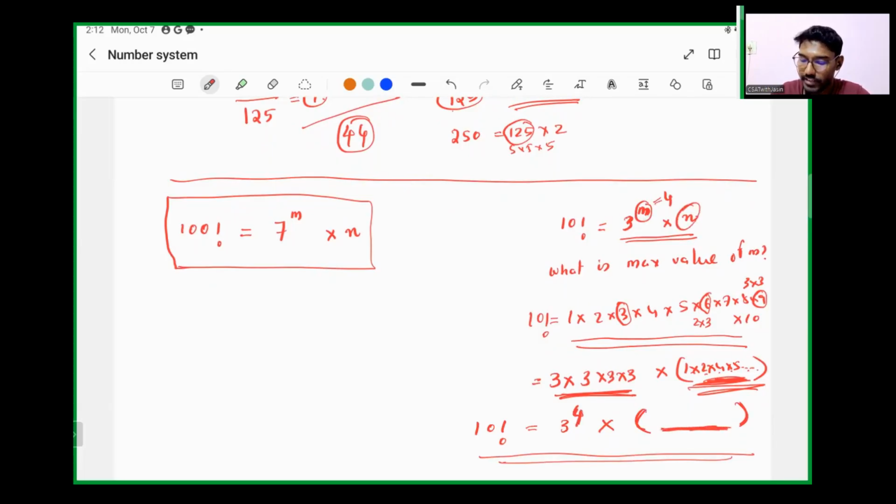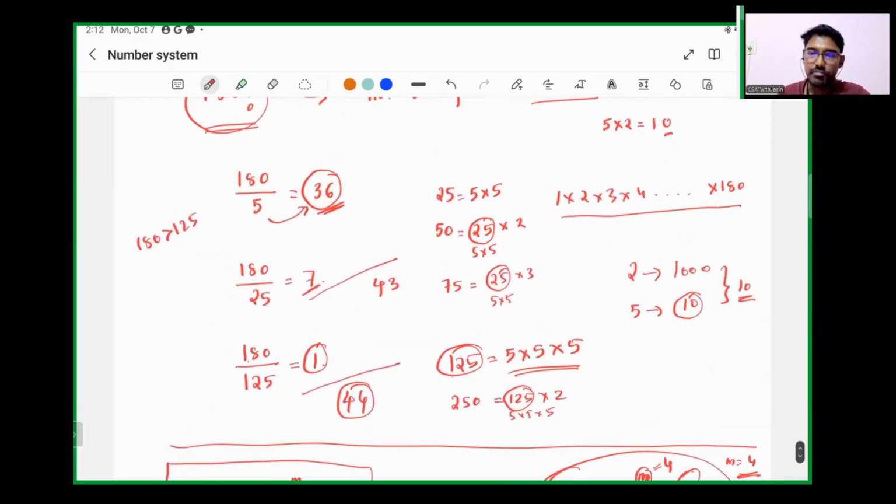We are asked to find out m, so in this question, m is equal to 4. So what we effectively found out is how many 3's are inside 10 factorial.